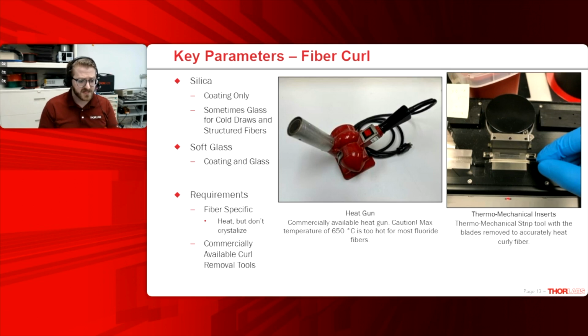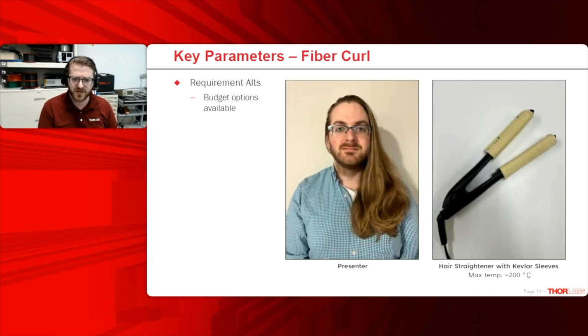And then this next approach might not be directly relevant to everyone, but if you have just donated 14 inches of hair, a hair straightener operates around 200 degrees Celsius, and wrapped in some Kevlar sleeves, that actually is a pretty effective way to remove curl, at least in the coating.